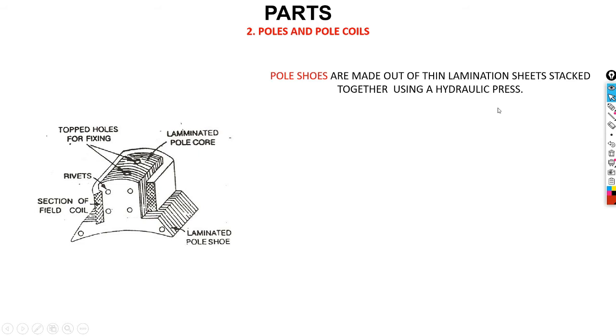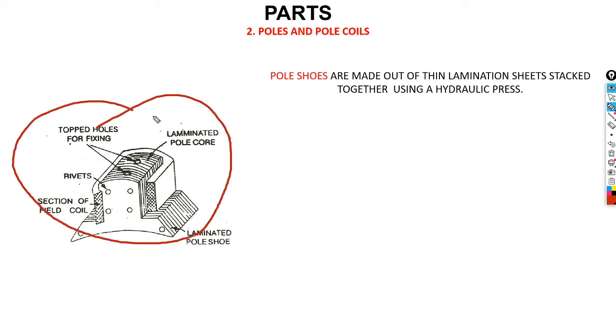When you talk about the pole or pole coil, basically when you look here, this is a pole. We have pole shoes, and our pole shoes will be this. They are made out of thin lamination sheets stacked together using a hydraulic press.